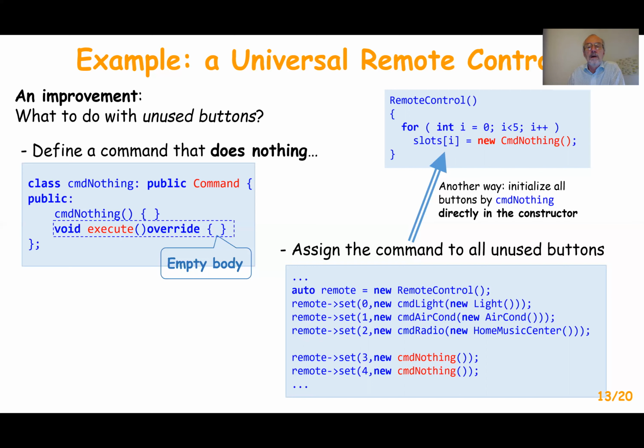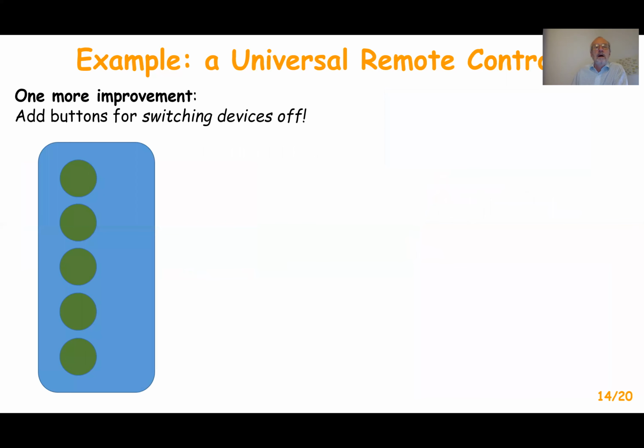Okay, let's go on. Again, I'm going to improve our initial solution. My idea is to add new buttons to our remote control device for switching devices off. You understand that the initial solution was obviously incomplete, because we do have buttons for switching devices on, but we are not able to switch devices off.